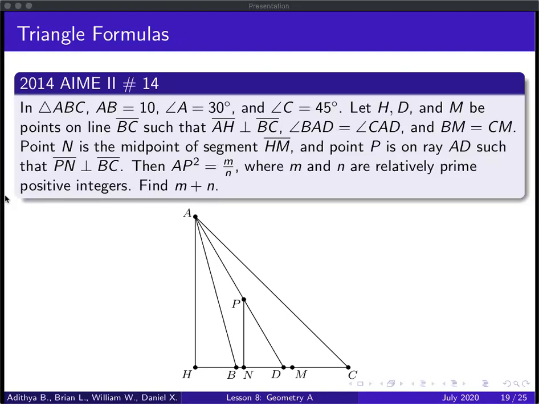Now we define N to be the midpoint of HM, and the line through N perpendicular to BC meets AD at P. And what we want now is AP. Somebody suggested coordinate bash. It should be feasible, but it's a lot easier once we've reduced it to finding HM.